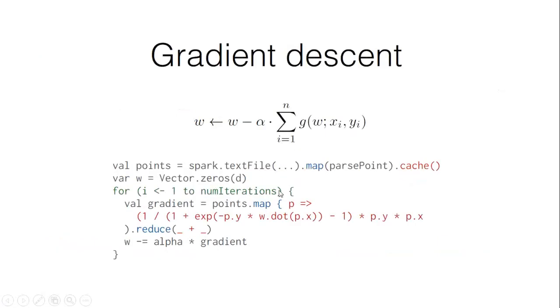So finally, an example. I think this brings together all the concepts we have discussed so far. You know from your machine learning courses that gradient descent is probably one of the more computationally intensive machine learning algorithms.